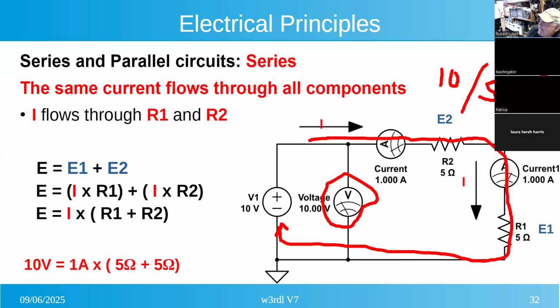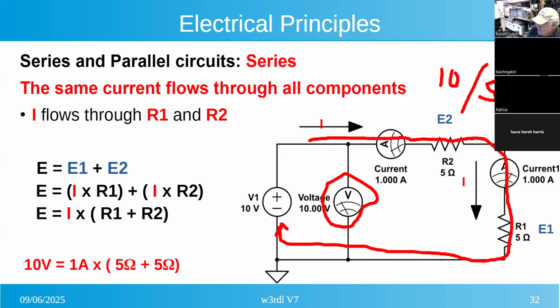Okay, the current stays the same. Current stays the same, even through the resistor as well? Yes. And the amount of the resistance, all of them added up together, determines the amount of current. So we have 2 resistors there that add up to 10 ohms. So that causes the current to be 1 ampere.